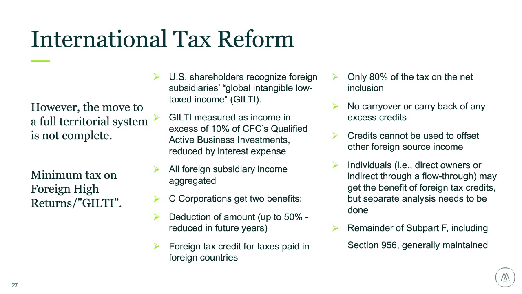So again, this is just a mechanism to calculate whether there's any additional U.S. tax on the foreign earnings because those foreign earnings weren't subject to high enough tax outside the U.S.